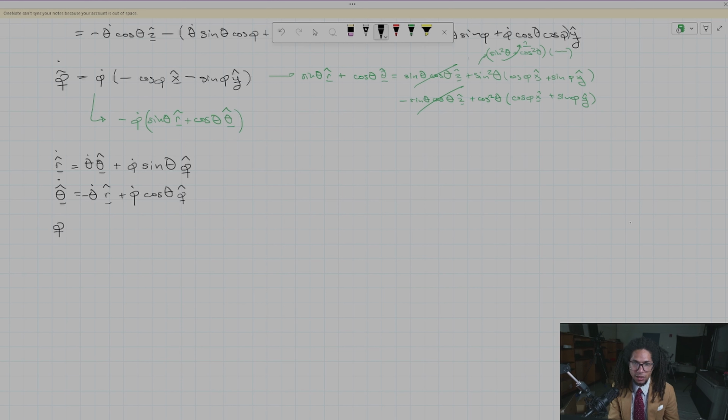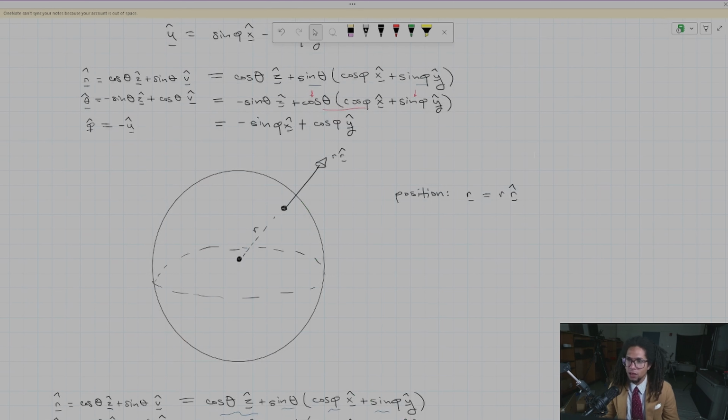And then lastly, for phi hat dot, we get minus phi dot times sine theta r hat plus cos theta theta hat. Fantastic. Okay, let's return to trying to figure this out.